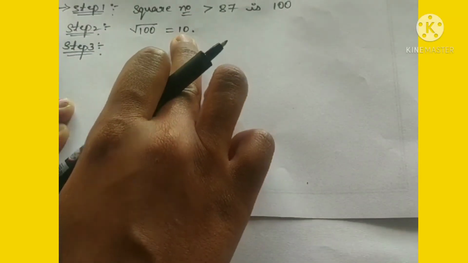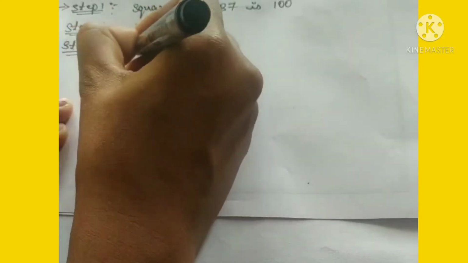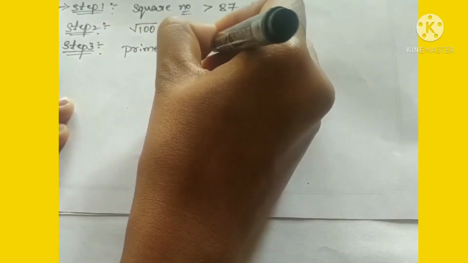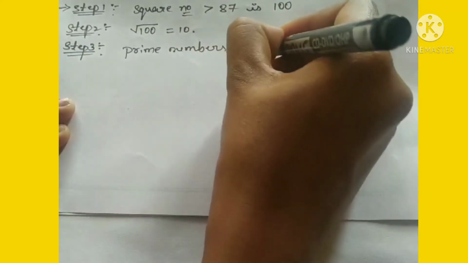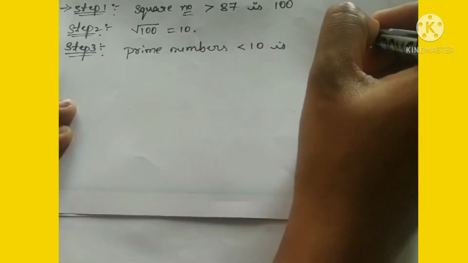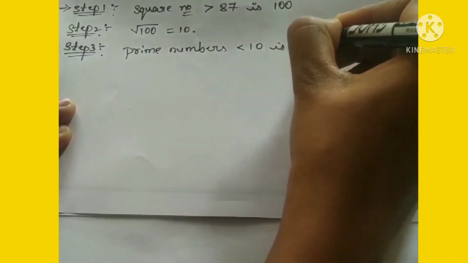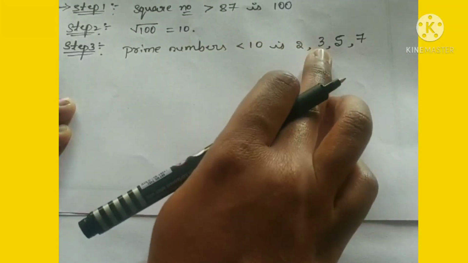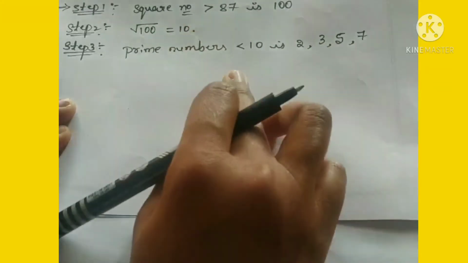We have to find the prime numbers less than 10. What are the prime numbers less than 10? 2, 3, 5, 7. These are the prime numbers which are less than 10.